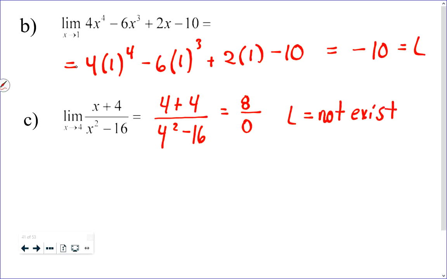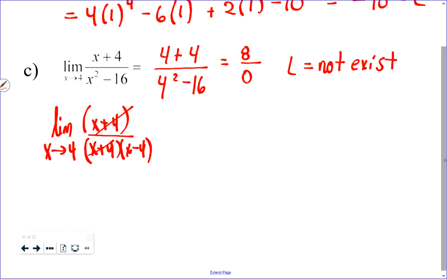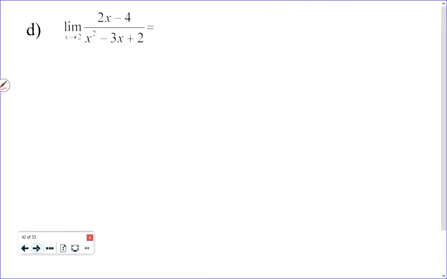Incidentally, if you factored this expression, you could eliminate the x plus 4s, but you would still be left with the limit as x approaches 4 of 1 over x minus 4. And there's nothing you can do to get rid of that x minus 4. It's there to stay. And it's the x minus 4 that's resulting in the division by 0, and that's why the limit does not exist.